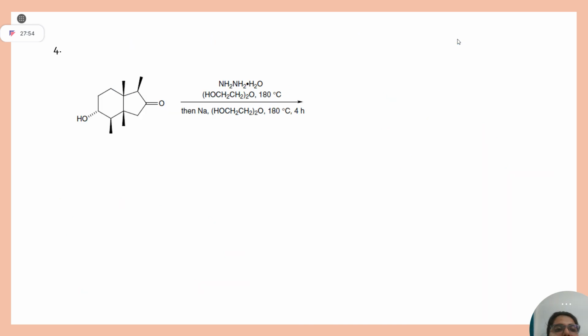Next problem for you students: you have this keto alcohol, you have hydrazine NH2NH2 in this solvent. What will be your answer? Take 30 seconds and tell me the correct answer.